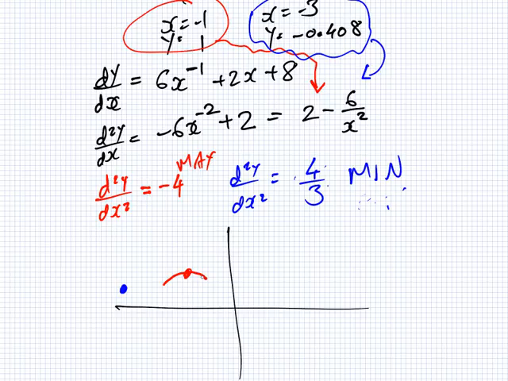And this blue point is a minimum, so it needs to be this kind of shape. So I guess my graph kind of looks like this. If you have a question, please ask. I do make mistakes.